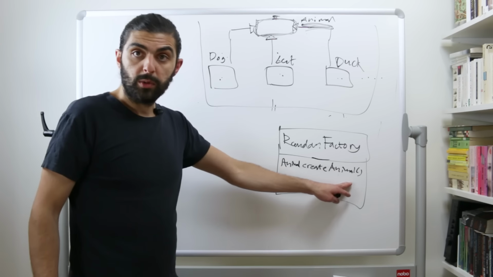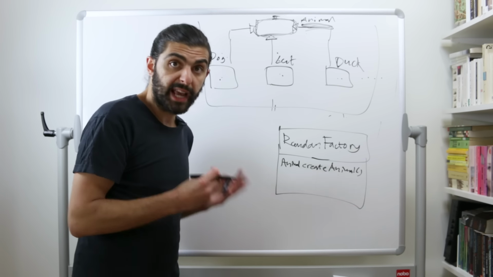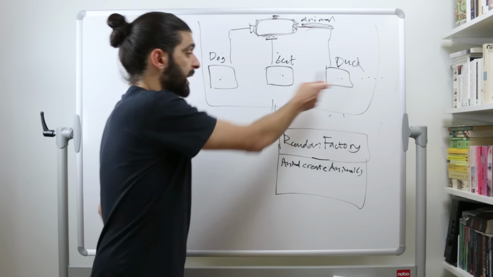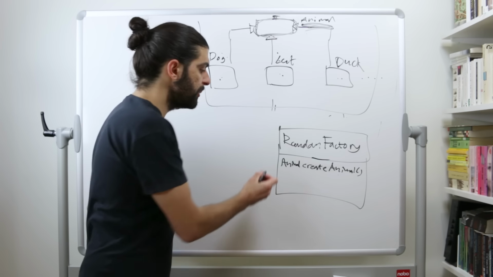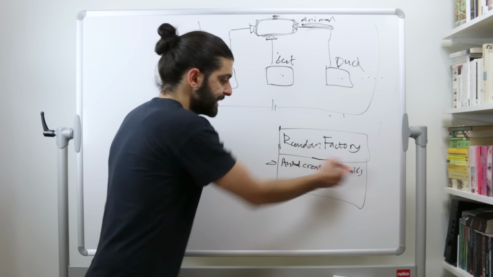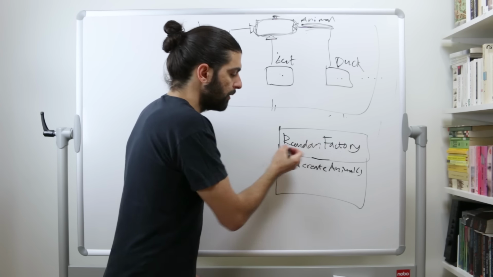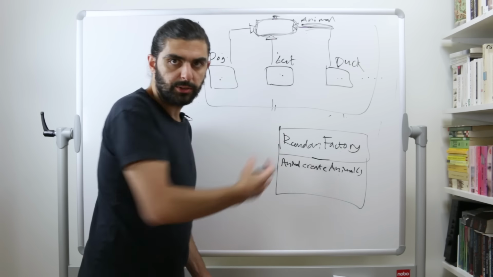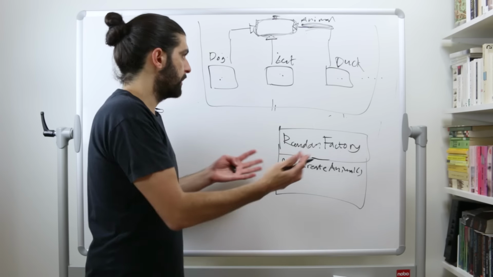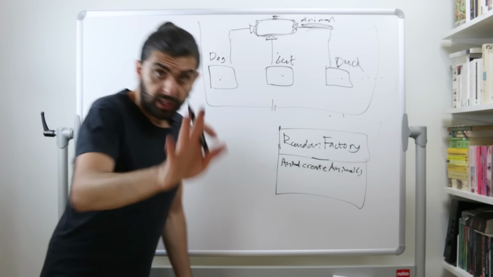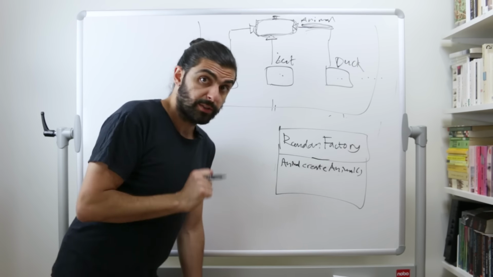Whether that animal happens to be a dog or a cat or a duck, we don't know. It entirely depends on what logic resides in this method. And the intent of the random animal factory is that this method will randomly create any of these. So let's think about the other creation factory that we talked about.